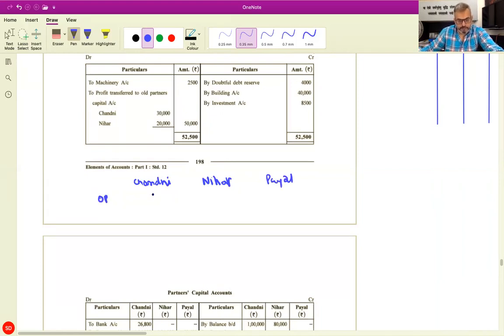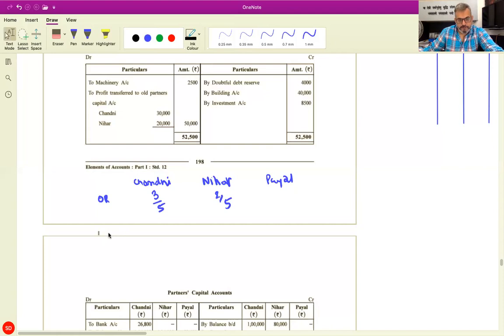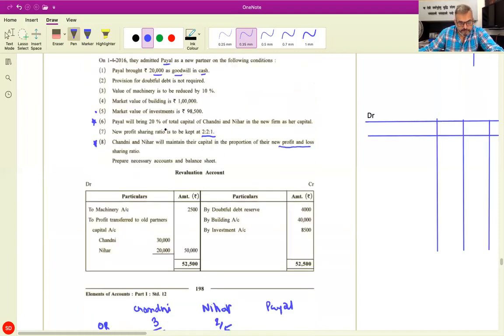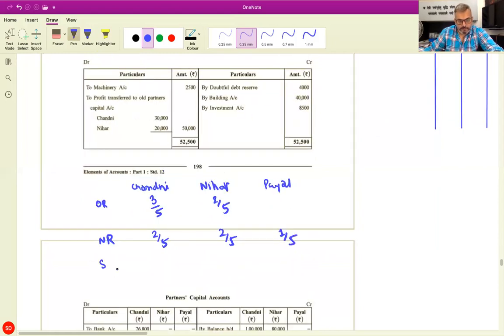Old ratio 3 by 5 and 2 by 5. New ratio, we already know the new ratio. New ratio is given to us in adjustment number 7, 2 is to 2 is to 1. So sacrifice ratio 3 by 5 minus 2 by 5 is 1 by 5 and 0. So everything will go to Chandni.